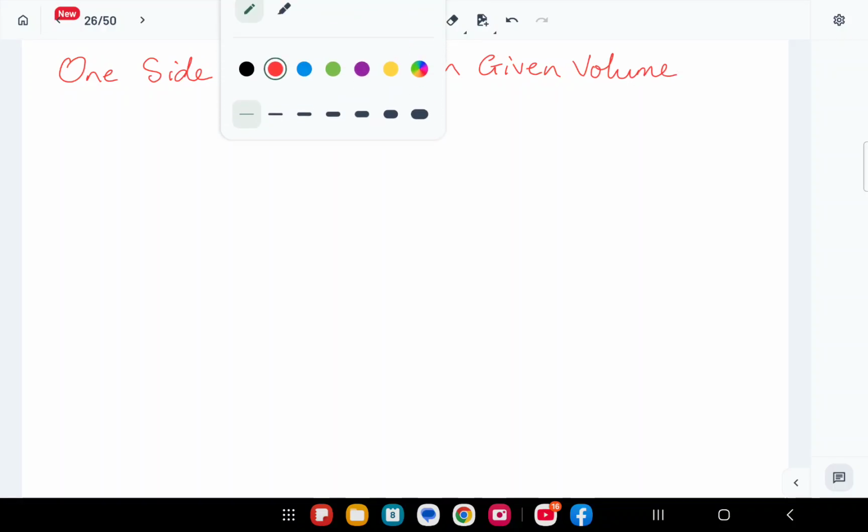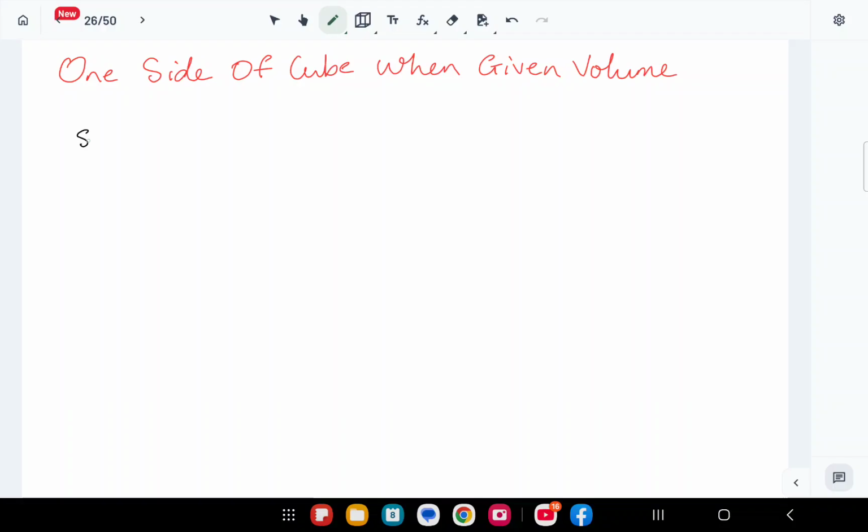So let's say they now give you the volume of the cube, and you need to calculate one side of the cube when given volume. To calculate one side of the cube when given its volume, it would be what we know as the cube root.